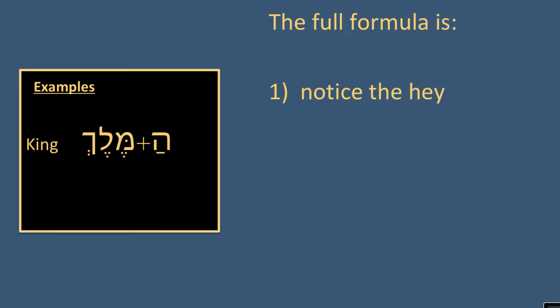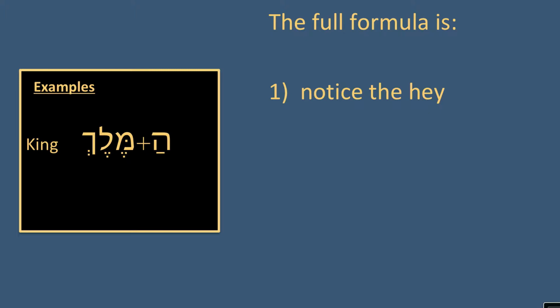Now, in most Hebrew schools and in common Hebrew introduction and instruction, this is about the most that people learn. You put a hey in front of a noun, and that makes it definite. But there's actually a little more to it.